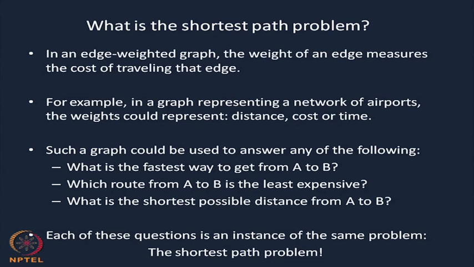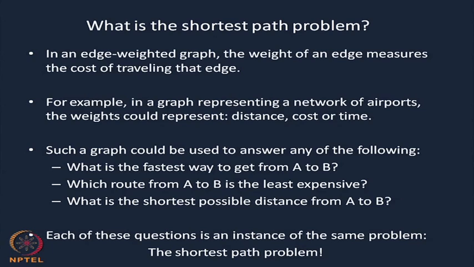Such a graph can be used to answer any one of the following questions. Basically, the same question may be asked in different ways. What is the fastest way to move from A to B? Which route from A to B is the least expensive?